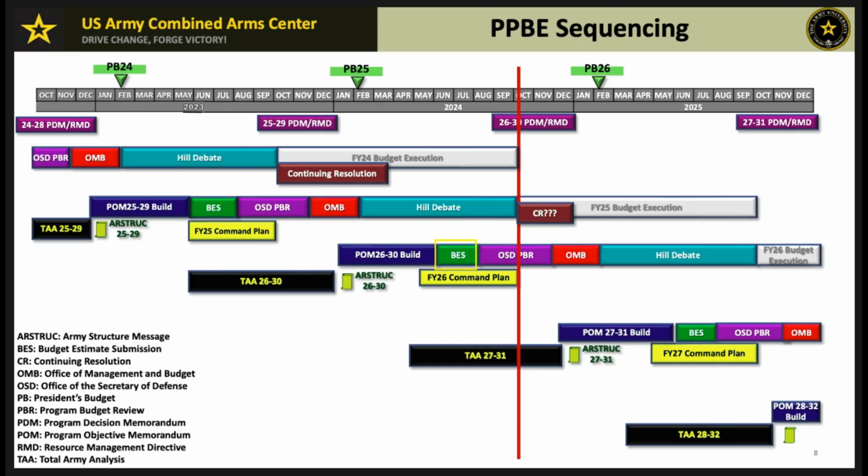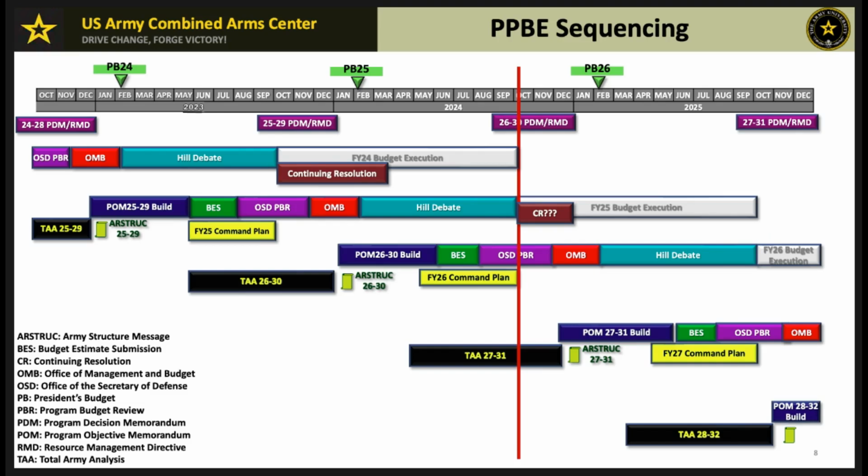You can see that while the POM for FY27 to 31 is being built, the FY25 budget is already being executed, and the FY26 budget is being debated by Congress. The specifics of PPBE's development and submission will be covered a little later, so we don't need to focus on that quite right now.